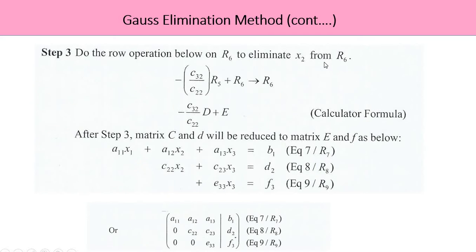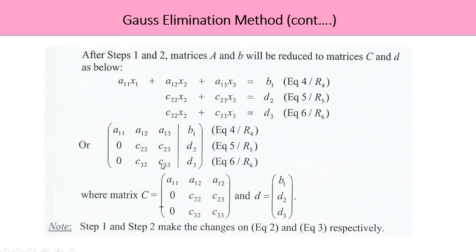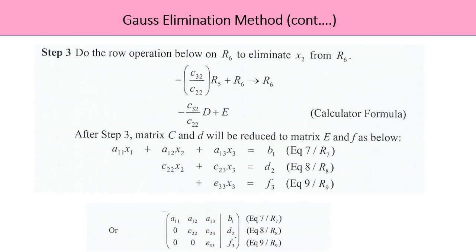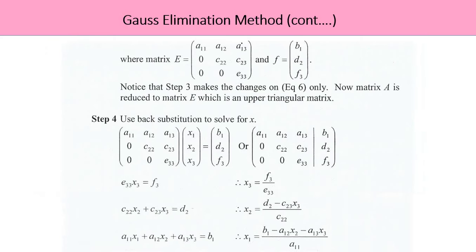If I go back, you can see that we get the new equation for row number 3, so we rename it as R6. After we get this upper triangle, we will proceed to get our unknown value for x. We will use back substitution to solve for x.